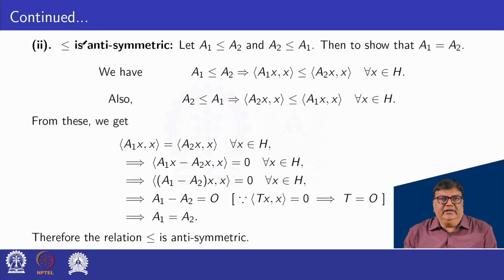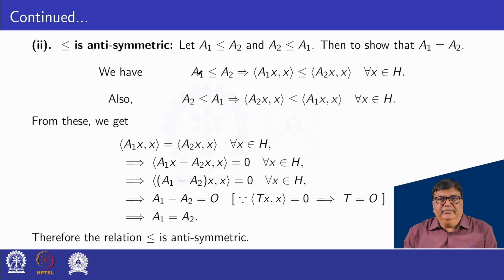Second, ≤ is antisymmetric. So let A1 ≤ A2 and A2 ≤ A1. Then we have to show that A1 = A2. Okay.